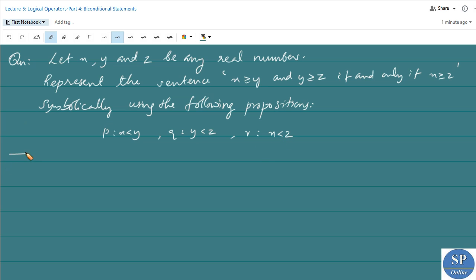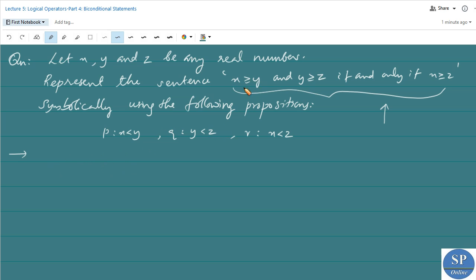So here we are given three propositions P, Q and R, and by using these propositions we need to represent this sentence symbolically.